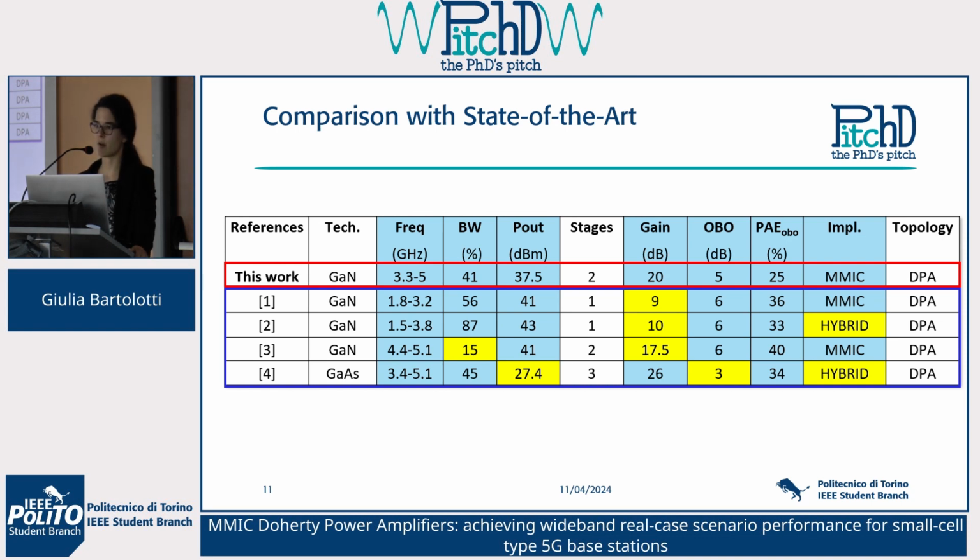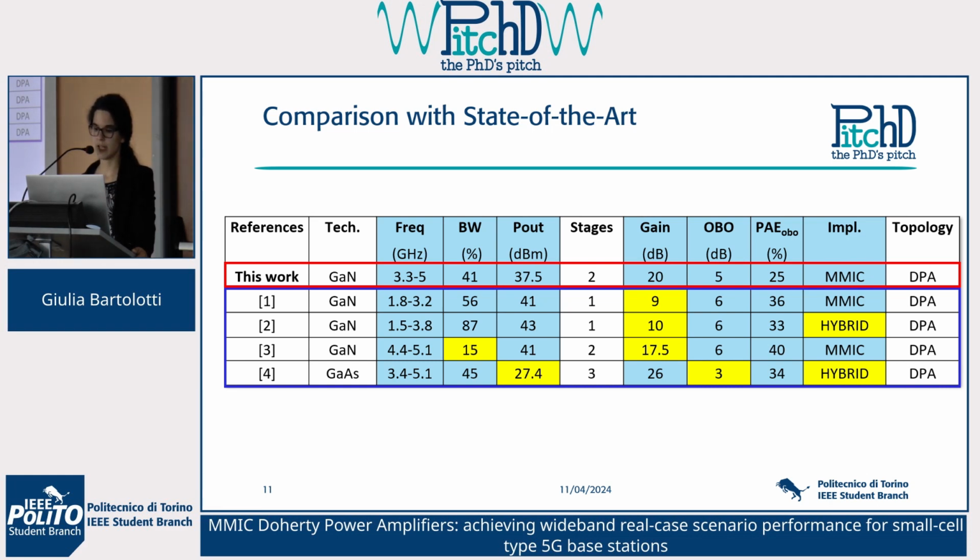That means that they are low gain, not really suitable for a real case scenario. These first two circuits achieved really wide bands, even higher than ours, which was already wide, but with a lower gain. And also one of them was a hybrid circuit, so its losses were less compared to our implementation.